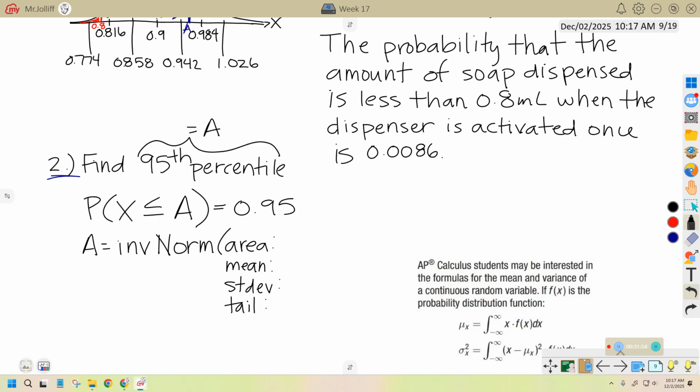I'm going to start at the bottom. I know my tail is a left tail because percentiles are always left tails. So this should be left. The area to the left of that boundary value is the percentile, 0.95. I know my mean and standard deviation. Mean was 0.9, standard deviation was 0.042.